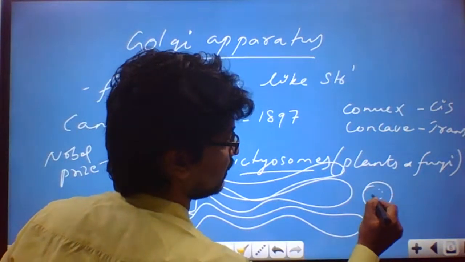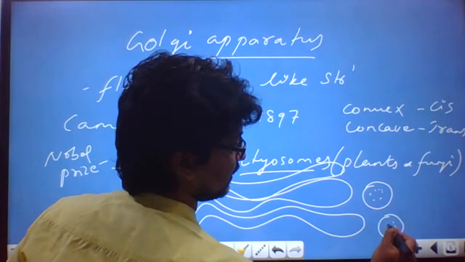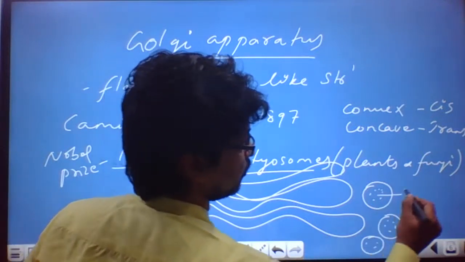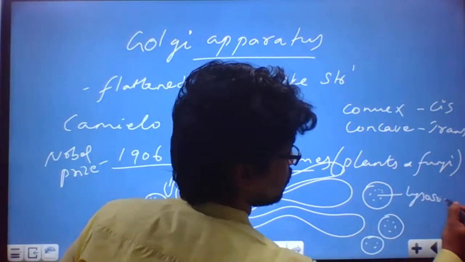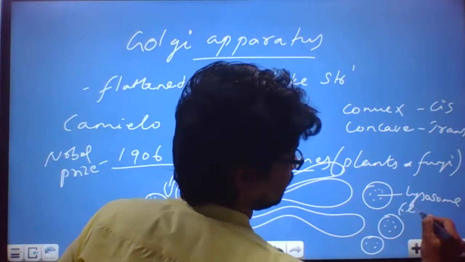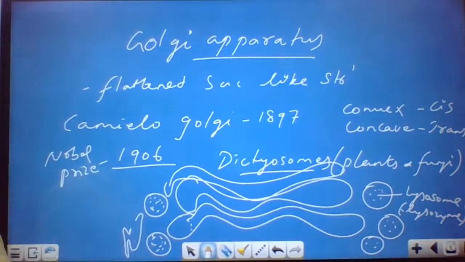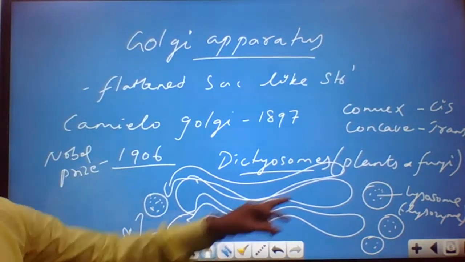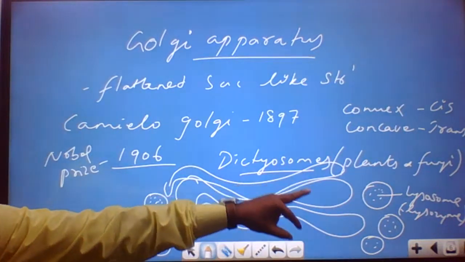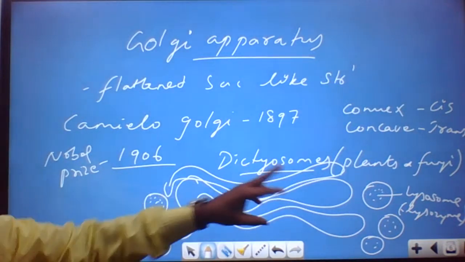This vesicle is called a lysosome, which consists of enzymes called lysozyme. So there is a connection between the Golgi apparatus and the lysosome.